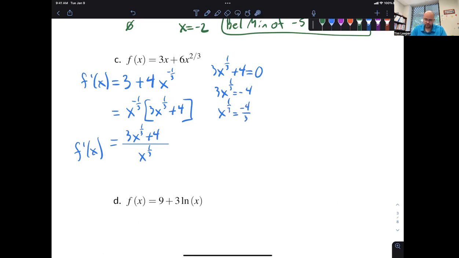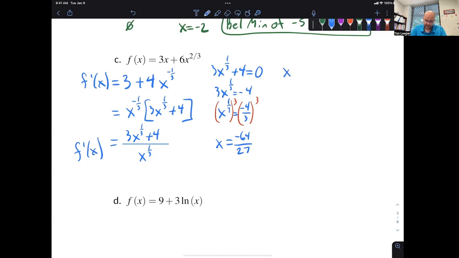Now I need to go ahead and cube both sides here. So it means that x is equal to negative 4 cubed, which is negative 64, over 3 cubed, which is 27. So negative 64 over 27 is a critical number.